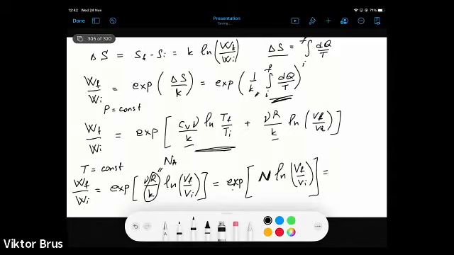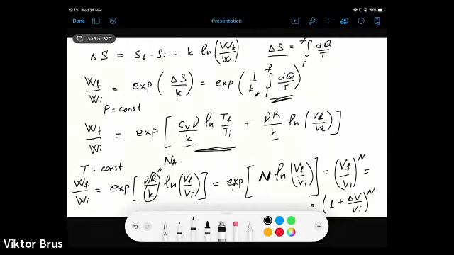So that will actually be V final over V initial in the power of n. Or we can represent it as we did before as unity plus delta V over V initial in the power of n.